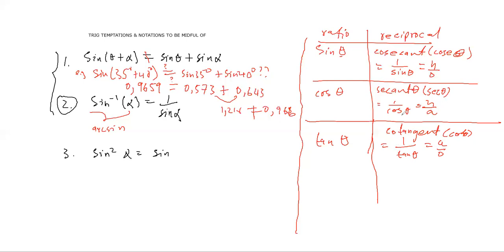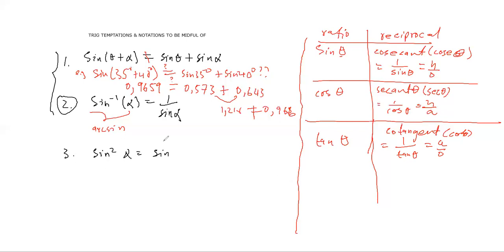I hope you bear this in mind. There are reciprocals. We don't really talk a lot about them. We just mention them at this stage, and we will discuss this thoroughly in grade 11, I think.